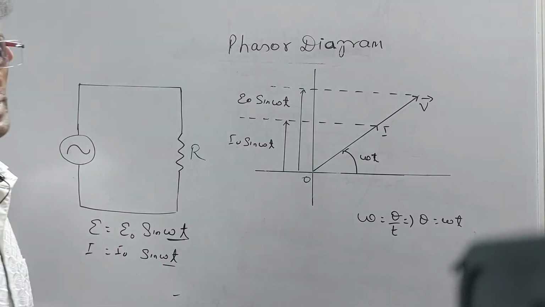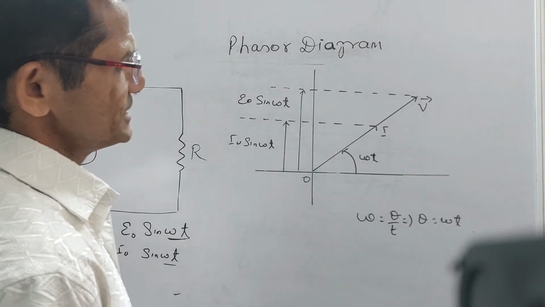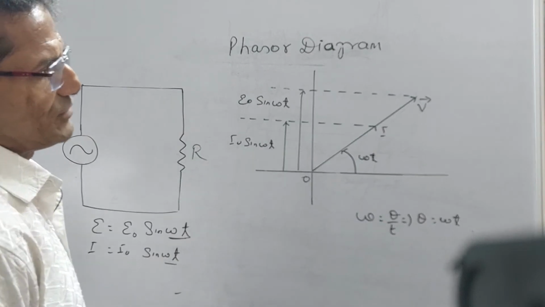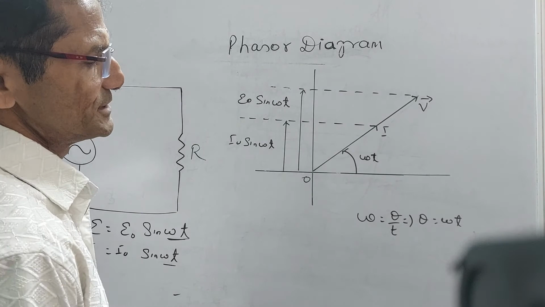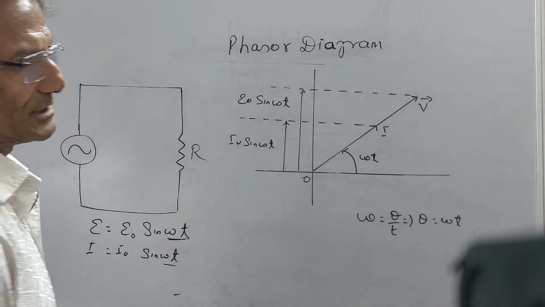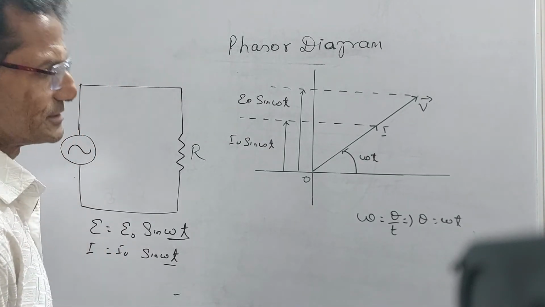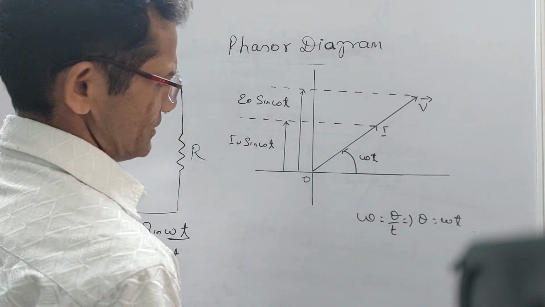In this way, phasor diagrams help us find the relations between voltage and current whenever there are multiple circuit elements like capacitors, inductors, resistors, or combinations of them.